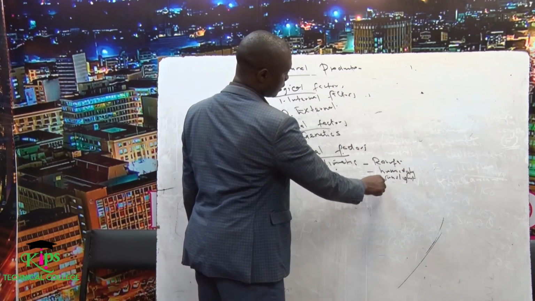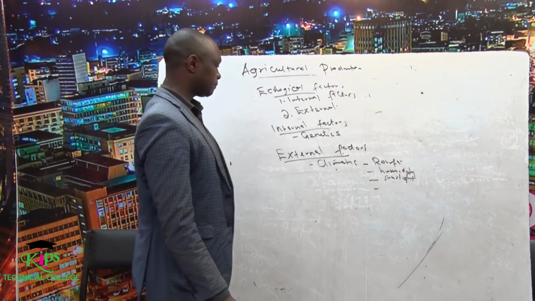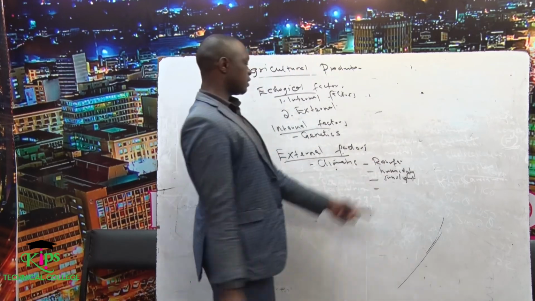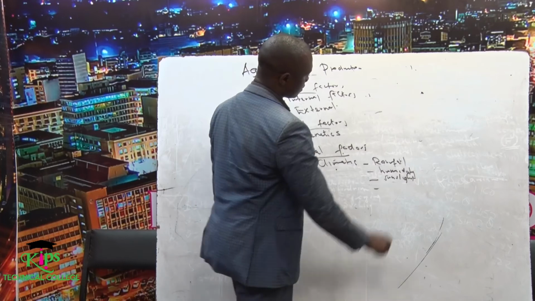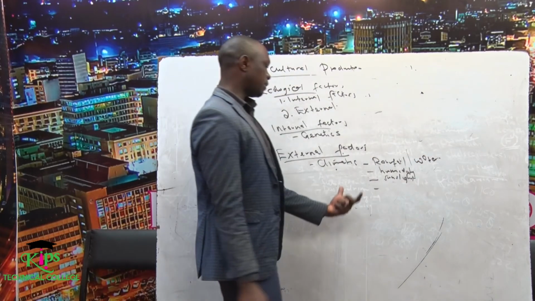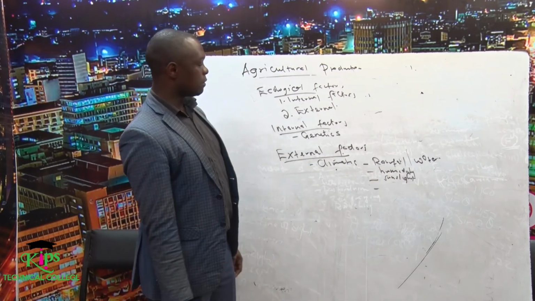Apart from humidity and sunlight, we also have other climatic factors affecting crop production. For example, rainfall is very important. Without water, it can either be rainfall or water. You can just call it water or rainfall, because in some places we use irrigation to be able to grow our crops.